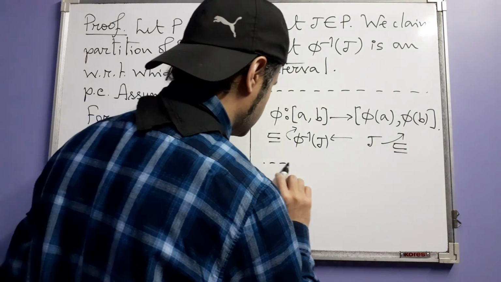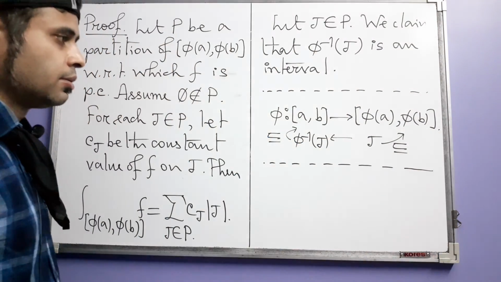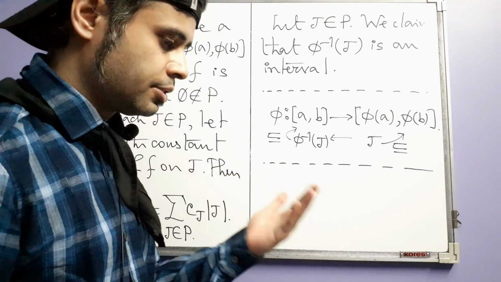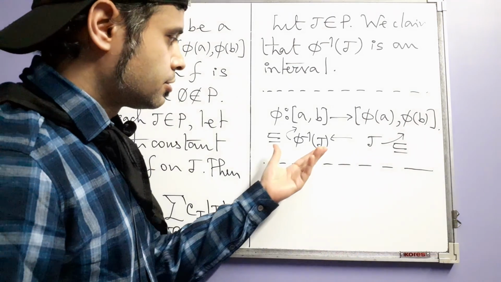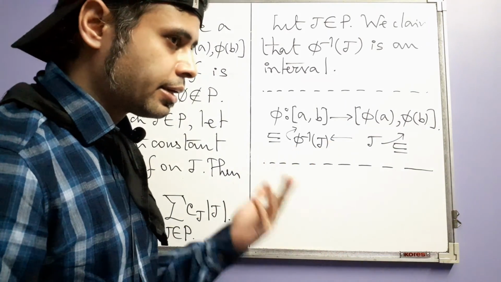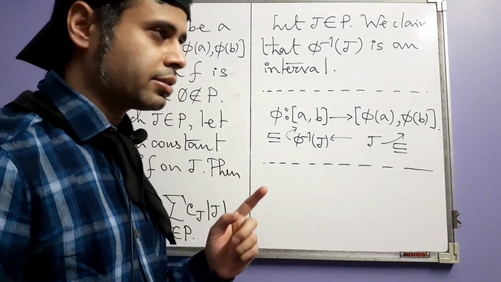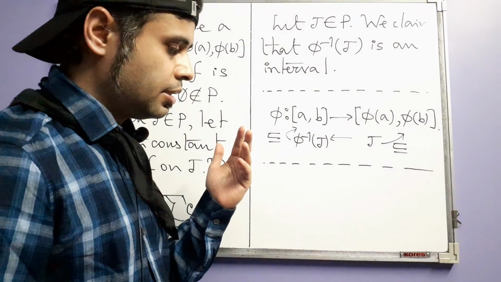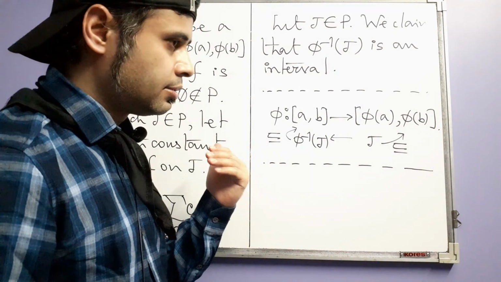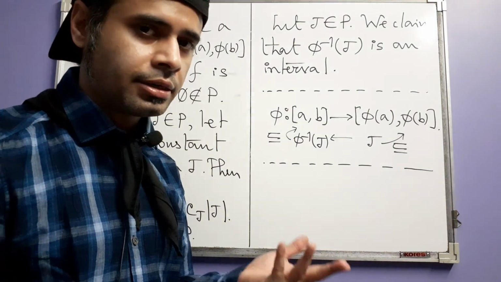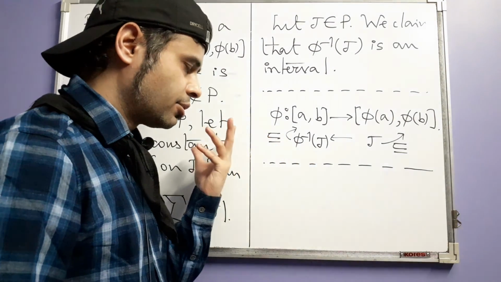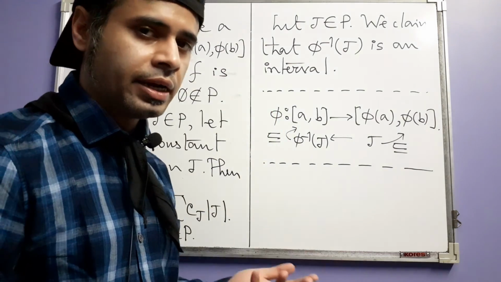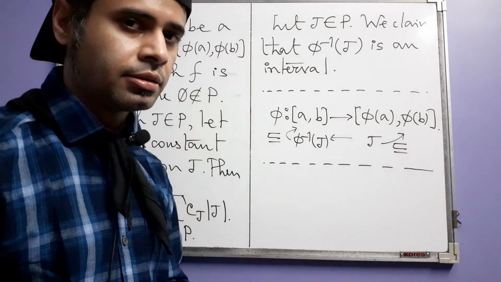Alright. To show that it's an interval, since we are on the real line, it's enough to show that this is a connected set. Because do you remember that when we started studying integration theory, at one stage we started studying connected sets, and it turned out that on the real line, connectedness of a set and it being an interval are equivalent.